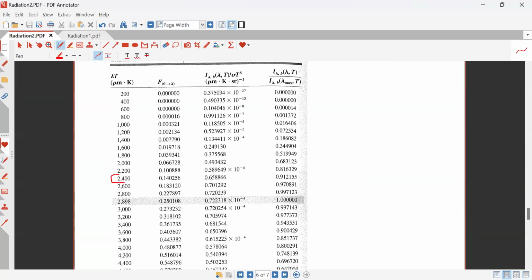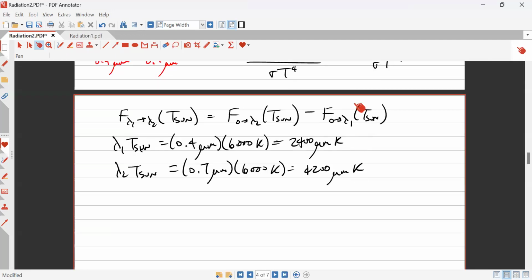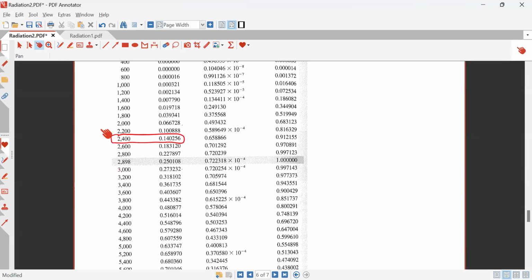All right, 2,400 microns Kelvin. Here's our value, and our fraction is right here. So it's going to be 0.140. All right, then 4,200 microns Kelvin. Go further down, we're right here. 0.516.